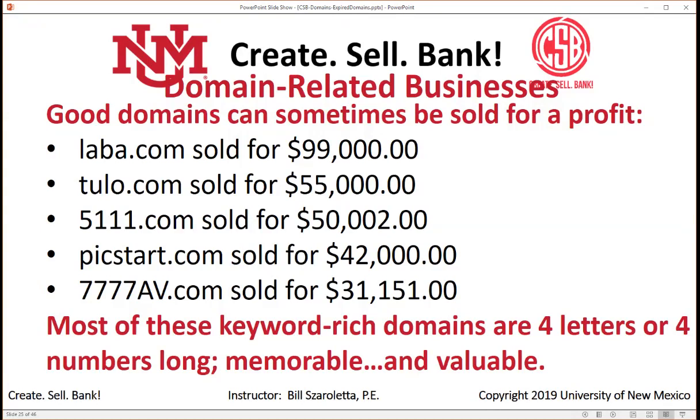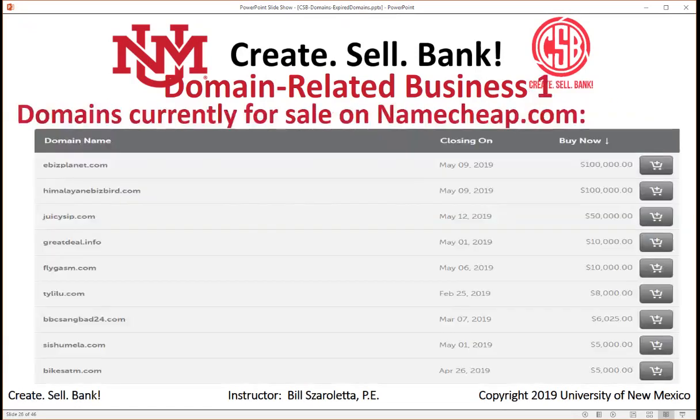You want to make sure that you put 2 reasonably well-chosen keywords together, and that combination doesn't have some keyword or some letter combinations that you don't want to have. And 777av.com is 31,000. So the key there is the 4-letter, 4-number keywords or domain names show up very rarely, and when they do, they're high priced.